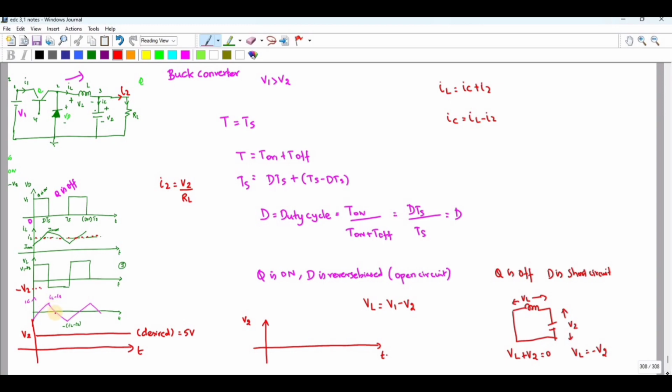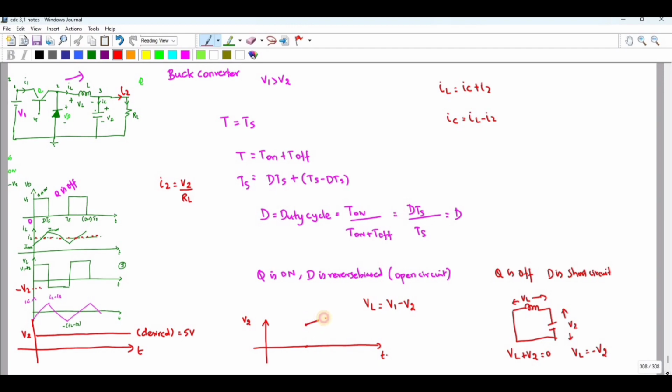IC is minimum at this point, which means I2 is greater. At this point V2 is somewhere here, and you can see IC is minimum, so I2 is greater.